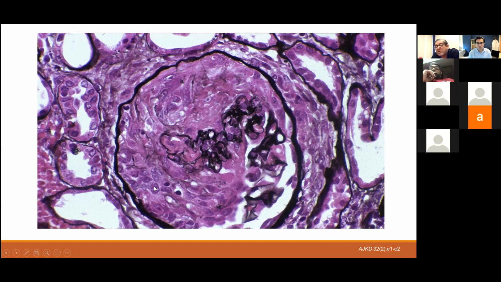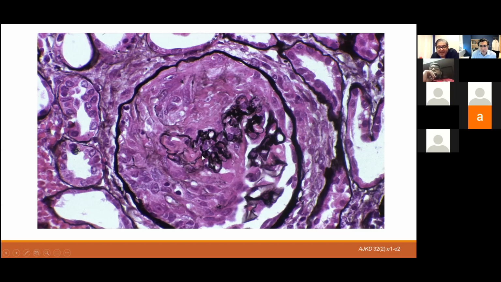And that's what a crescent is. So the definition of a crescent is three or more layers of parietal epithelial cells in the urinary space. So you can see there's layers of these cells, and these cells are actually activating because all of this inflammatory fibrinoid necrosis, which you see over here, breaks the basement membrane and draws itself into the urinary space and stimulates the epithelial cells. So that's how crescents form in ANCA-associated vasculitis.